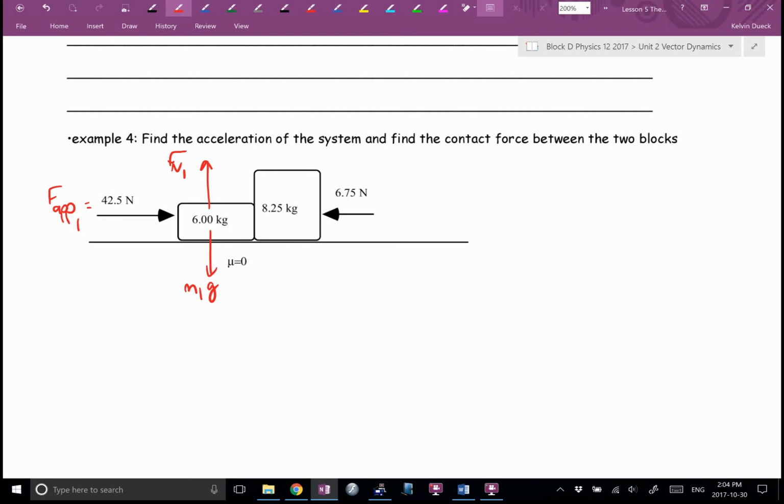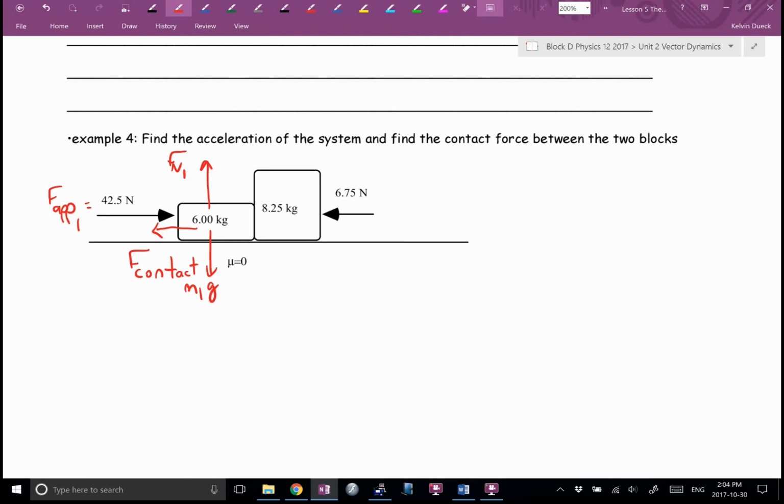What else? Is the 6 kilogram mass pushing against the 8.25? Then what's the 8.25 doing? There is one more force here, and this is going to be F contact. There's probably a fancy schmancy name for it, but that works.